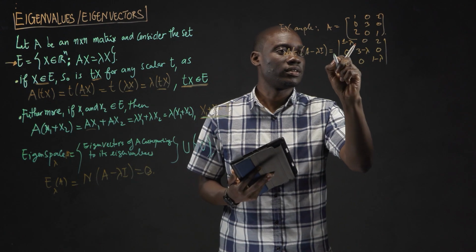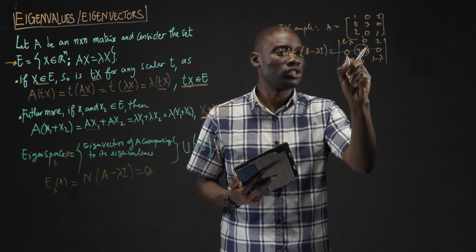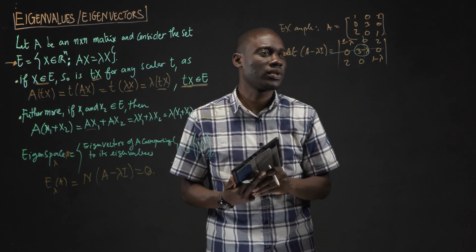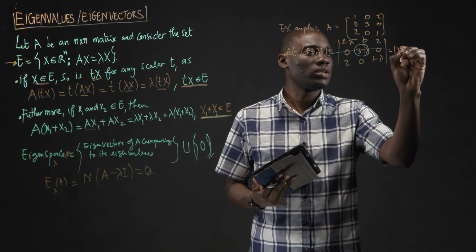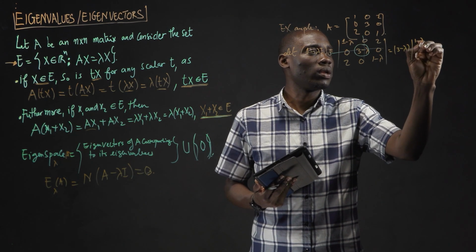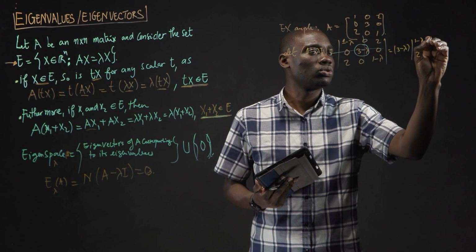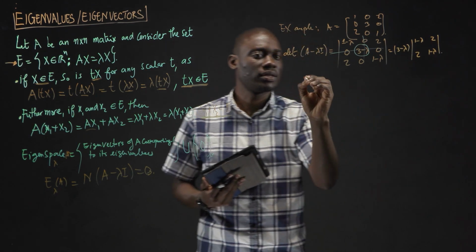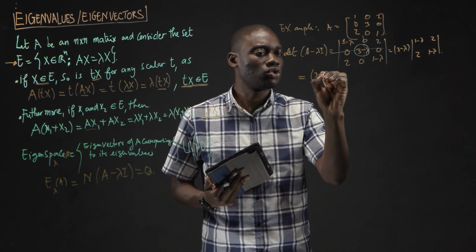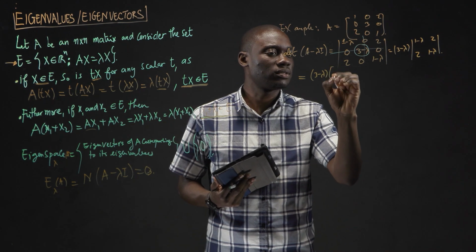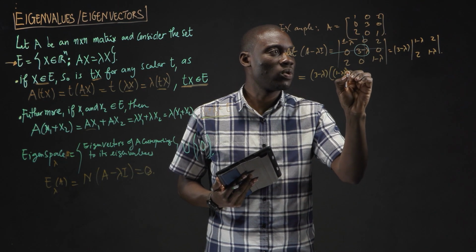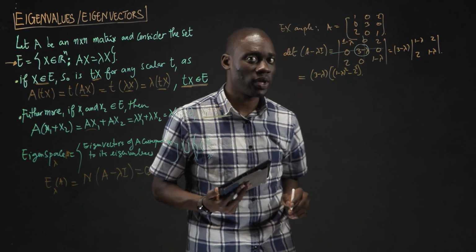Taking the second row, this will be 0, 0, so I'll just remain with this. So it will give me 3 minus lambda times the determinant of [1 minus lambda, 2; 2, 1 minus lambda], which is equal to 3 minus lambda times ((1 minus lambda) squared minus 2 squared).